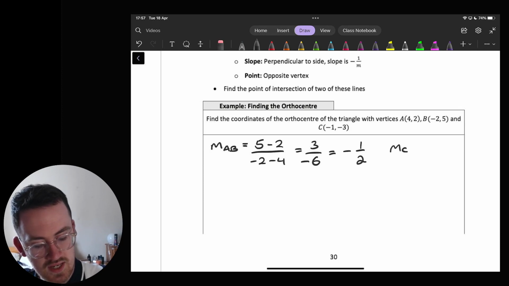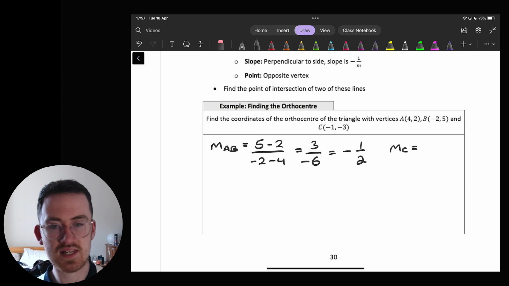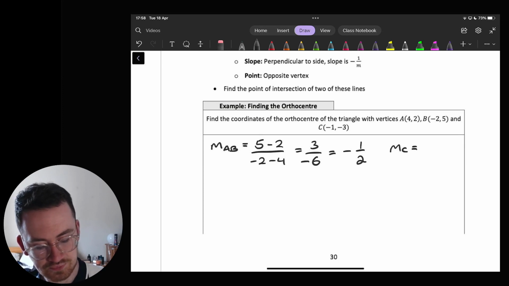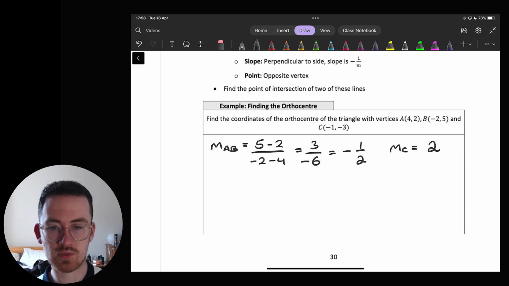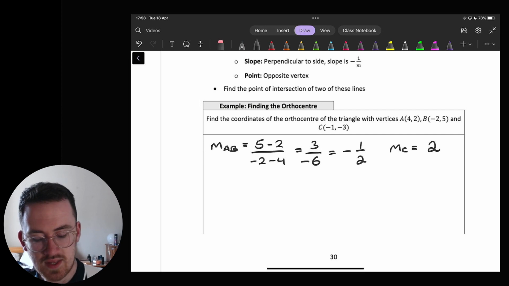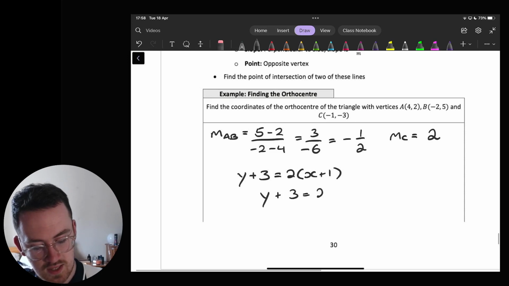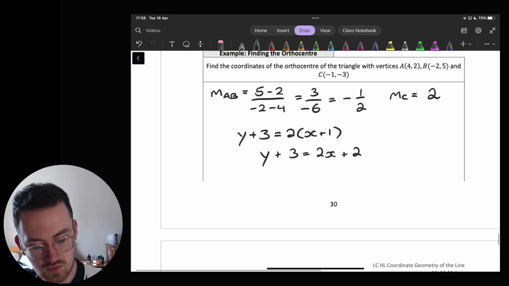What that means for us then is that the altitude going through the point C to the other side will have a slope of 2, because remember the slopes have to multiply to give minus 1 if they're perpendicular to each other. Knowing that, we can now get the equation of this line using the point C. So y plus 3 is equal to 2 times (x plus 1), and we can tidy this up a little bit, getting it into the correct format.